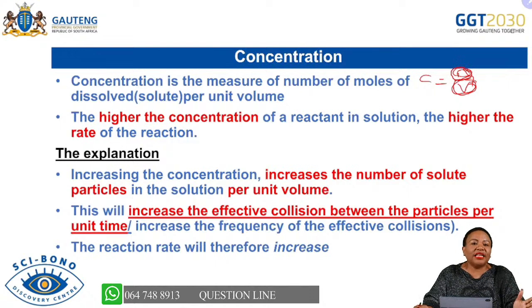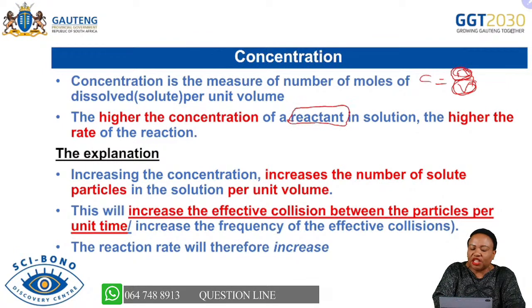This will be further discussed when we do our next topic, which is acids and bases, because we also did acids and bases last year in grade 11, so that we can remember how we calculate concentration and how concentration can affect our rate of reaction. So what you must understand is that the higher the concentration of a reactant in a solution, the higher the rate of reaction. Guys, it is very important that you know that the concentration you are referring to is the concentration of the reactant.